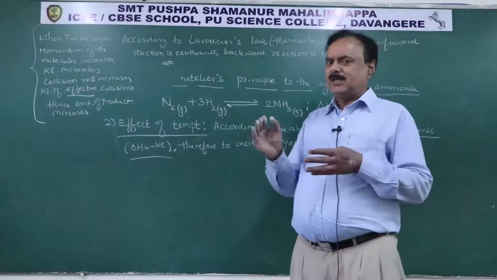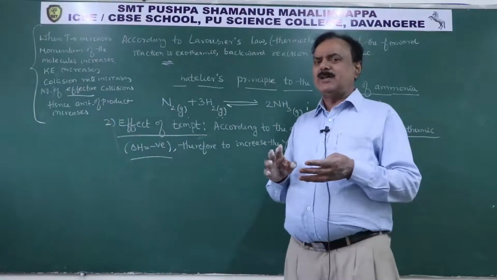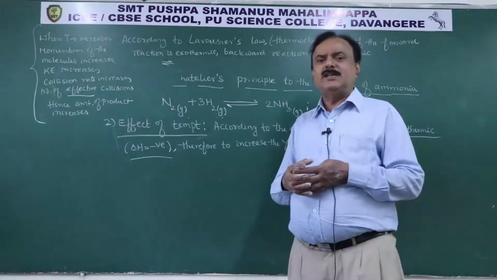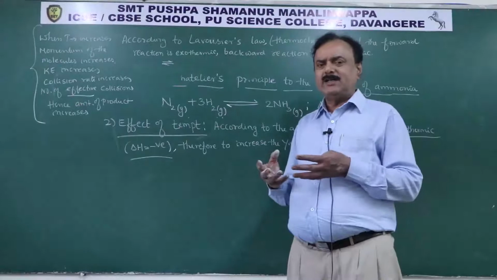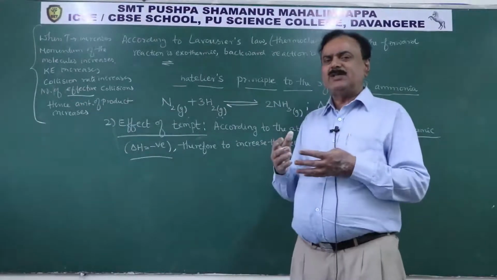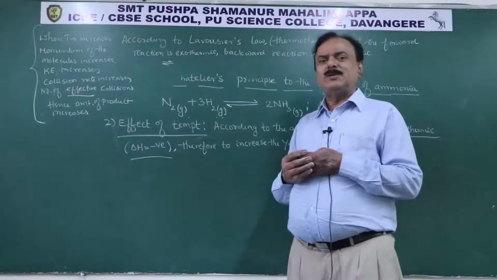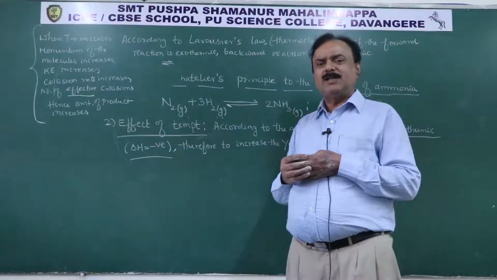Therefore, the reaction is exothermic in nature. In an exothermic reaction, the products obtained are associated with a higher amount of kinetic energy. But if the temperature is increased still further, the backward reaction proceeds, that is, decomposition of ammonia into nitrogen and hydrogen will occur.